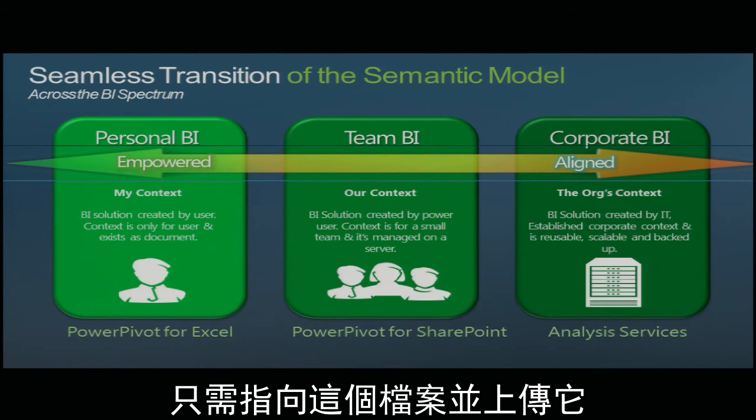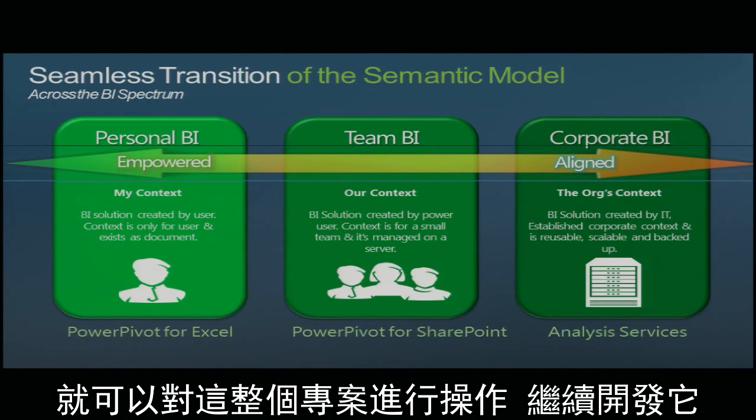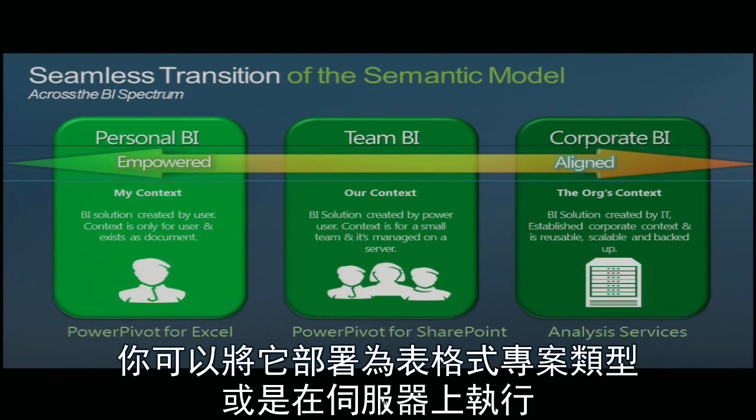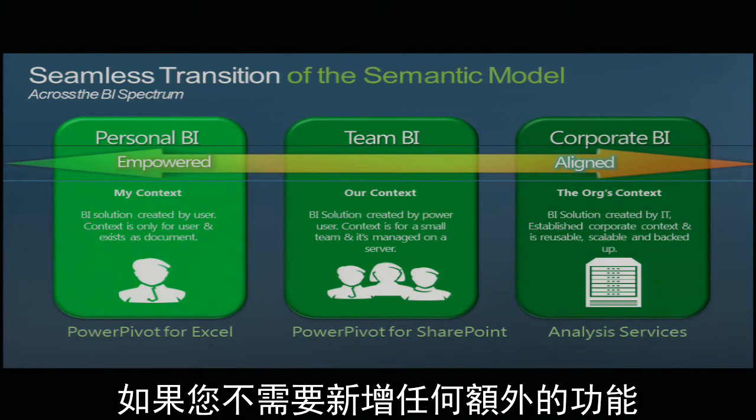All you do is point to the file and upload it, and you will now have the whole project available for you to continue developing, and now you can deploy that to a tabular project type or server running on the server.